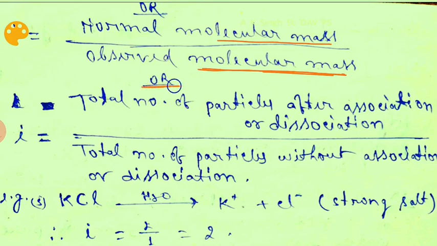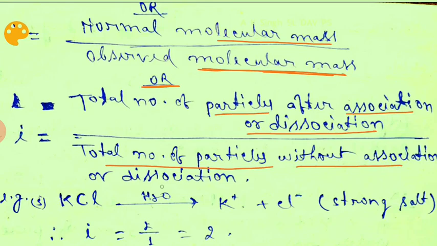Or it can be written as i is equal to total number of particles after association or dissociation divided by total number of particles without association or dissociation. This value is generally used to calculate the molar mass, elevation of boiling point or depression of freezing point. It is essential to solve the numericals.